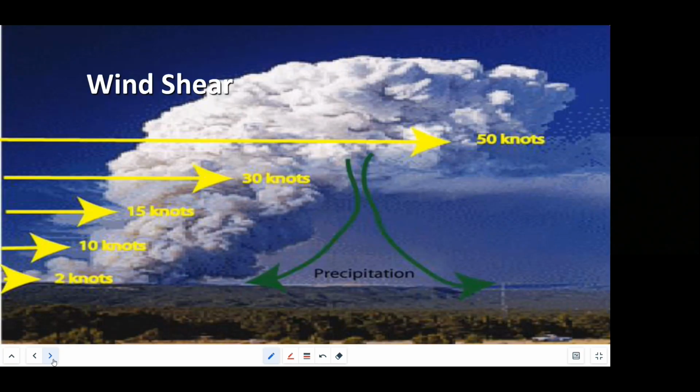All right, one more topic here on wind shear. After this, we'll take a quick break. Now, this is one of those hazards that is out there. We can predict when it's going to be present, but we can't see it. There might be some indications that might tell us where wind shear is located.